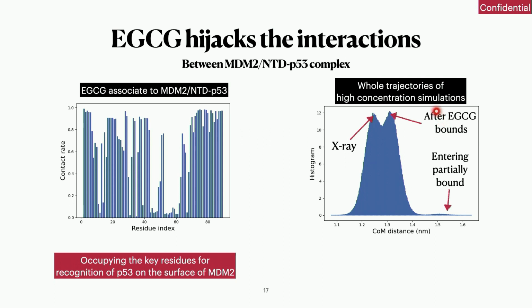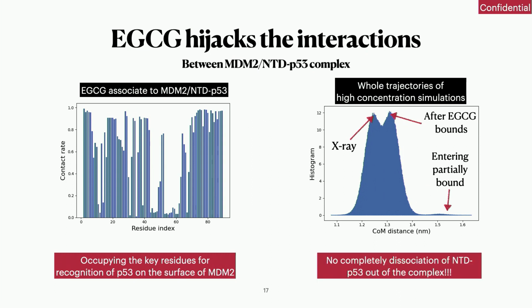And here is another distance, a small portion distributed here. This distance indicates that the distance between MDM2 and p53 is going to a partially bound state, which is loosely bound between the two parts of the complex. However, we don't observe any complete dissociation between them.